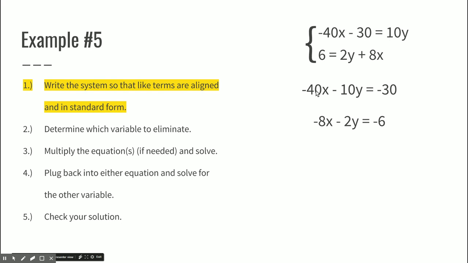Now, look at the numbers and see which ones will multiply easily. And similar to the last problem, if I multiply the 8 by a 5, I'll get to 40. And the 2 by 5, I'll get to 10. However, these will both be negatives. And this is already a negative, and that's not going to cancel out.